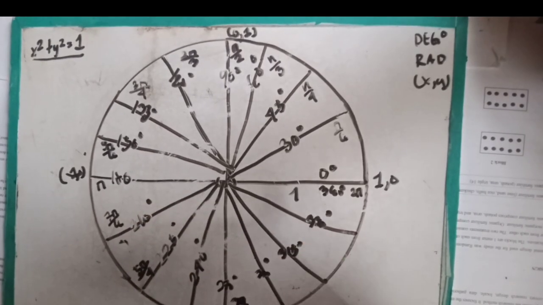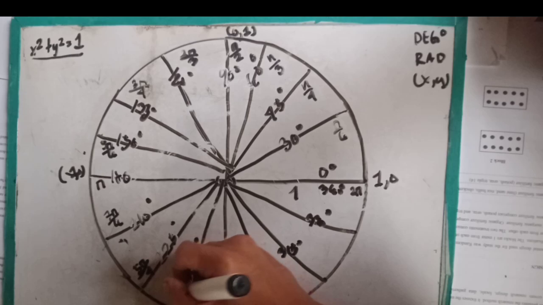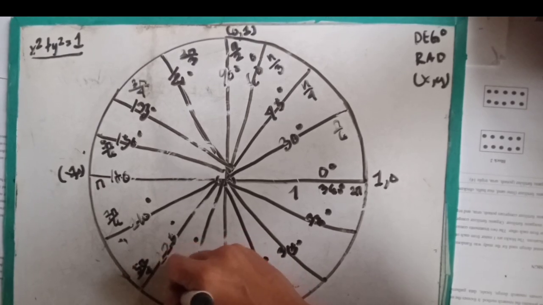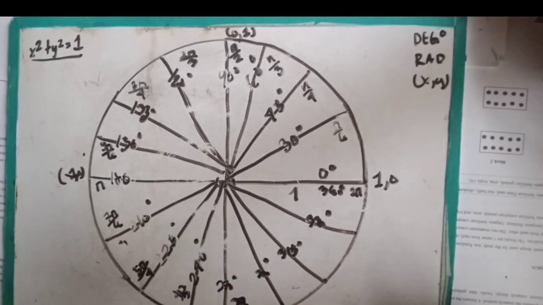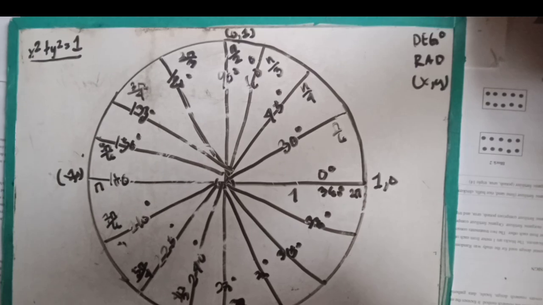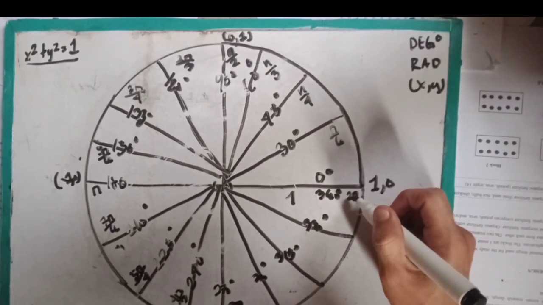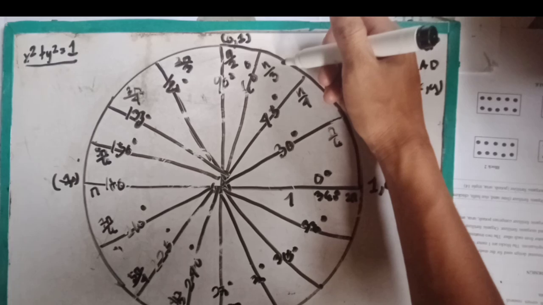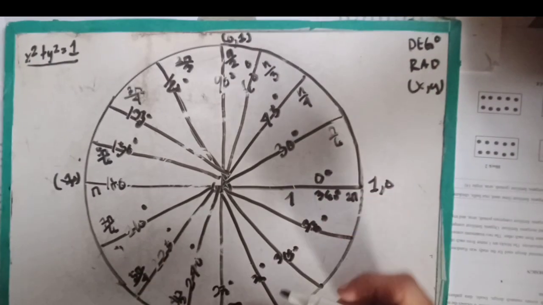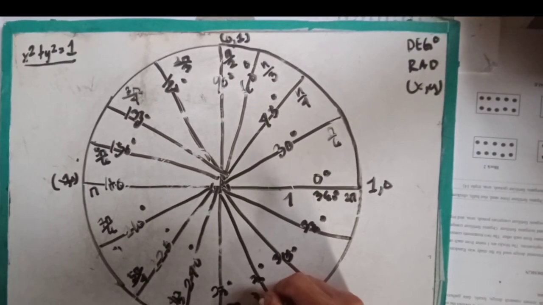Then next is equal to 4 pi over 3. Then to get the values in quadrant 4, we will now use 2 pi. So 2 pi minus pi over 3 is equal to 5 pi over 3. So it is 5 pi over 3.